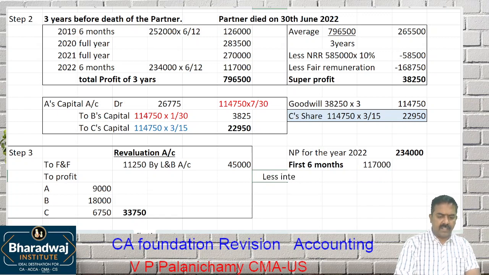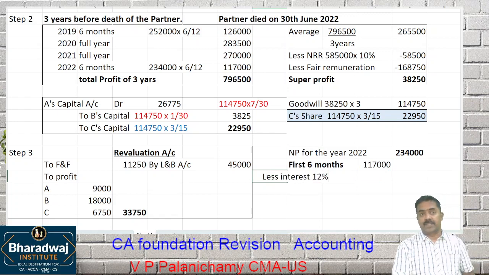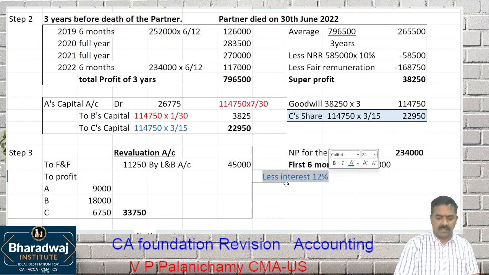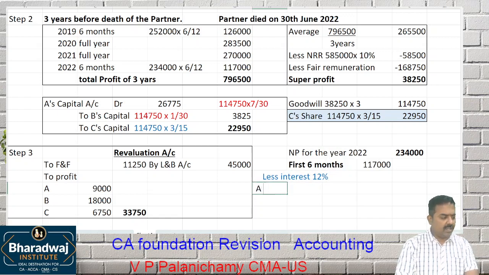Less interest to be provided at the rate of what? 12%. For goodwill, only 10%. Normal interest on capital is how much percentage? 12%. For A, look at A's capital. 1 lakh. What is A's capital? 2,25,000 into 6%.